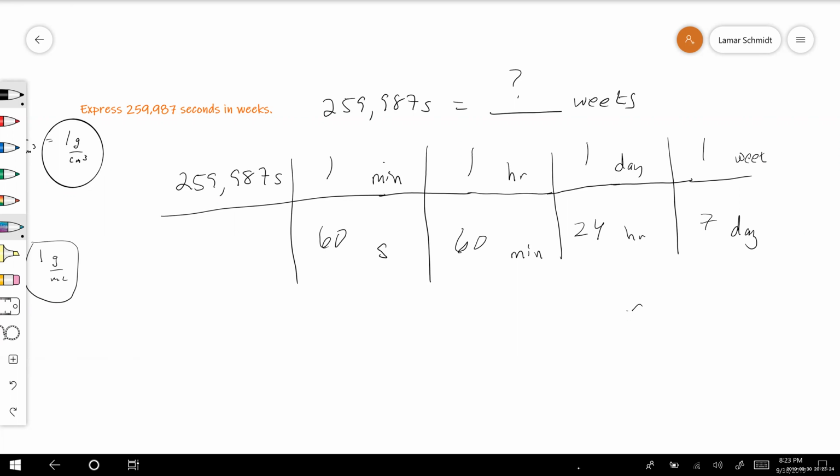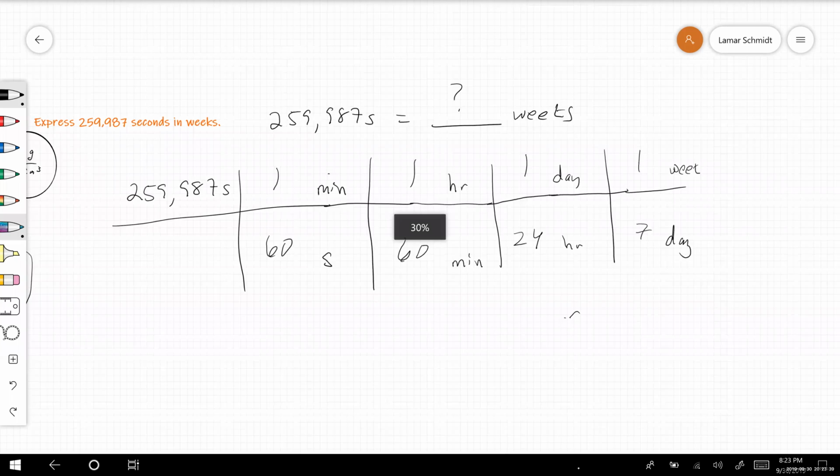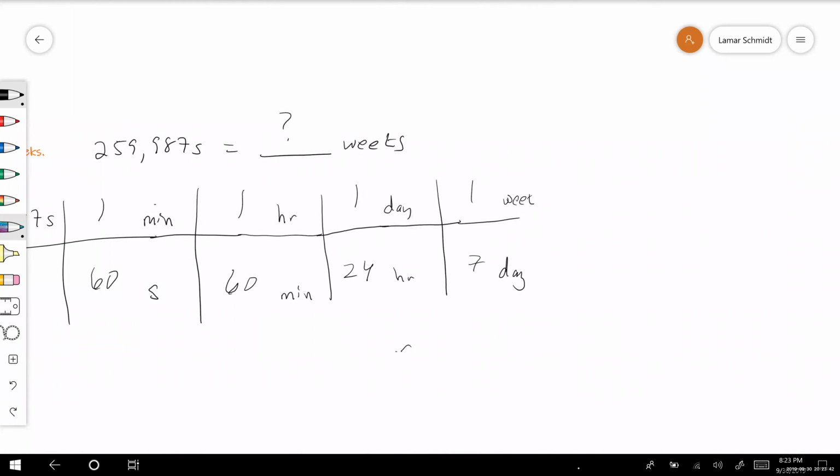So I'm going to put this in your calculator. And you should get, for your denominator, 604,800 divided into 259,987.